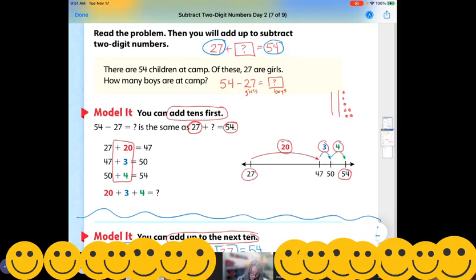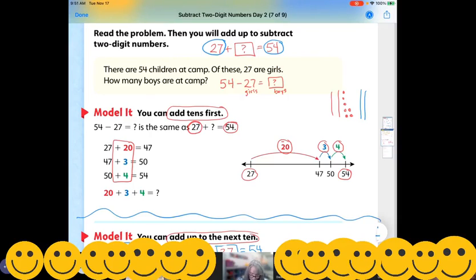So I'm going to start adding tens. This is 27. If I add another 10, I have 37. So far, we haven't gone past 54. If another 10, that's 47. Okay, I haven't gone past 54.